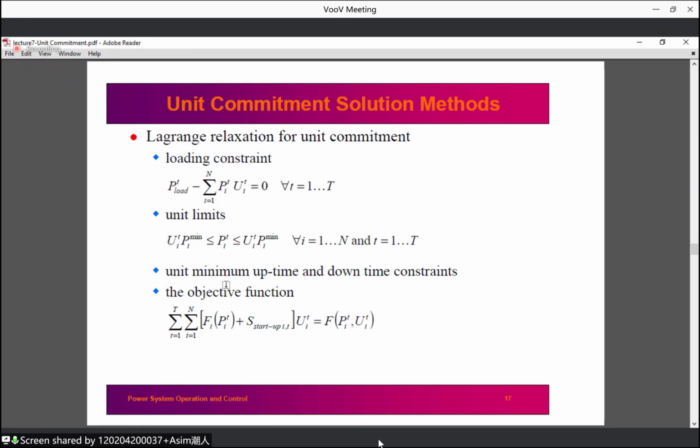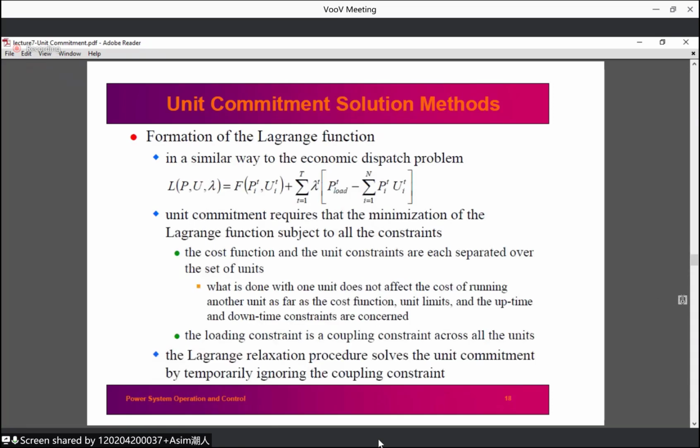For the unit commitment uptime and downtime constraints, the equation is this one. Formation of the Lagrangian function is similar to economic dispatch. This is the main equation. My colleague will discuss it further in the different tables.